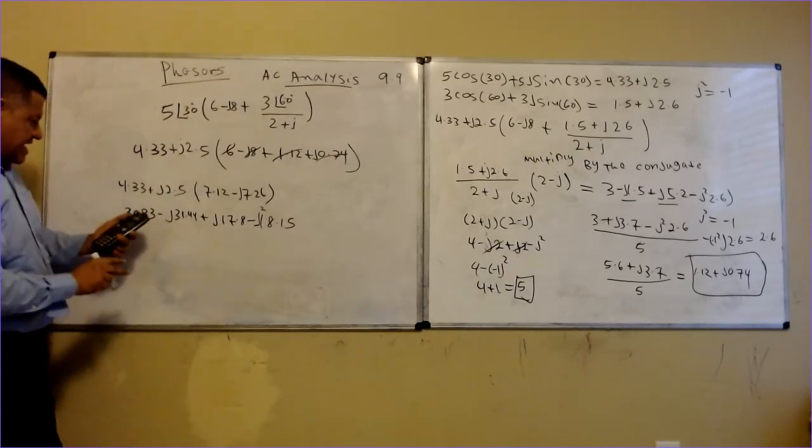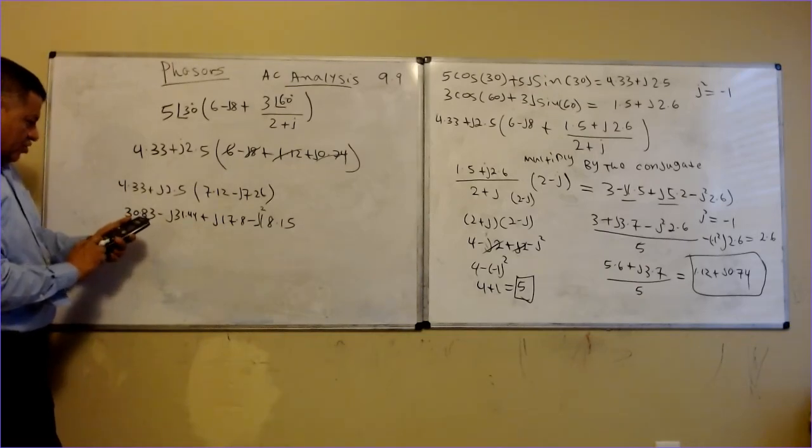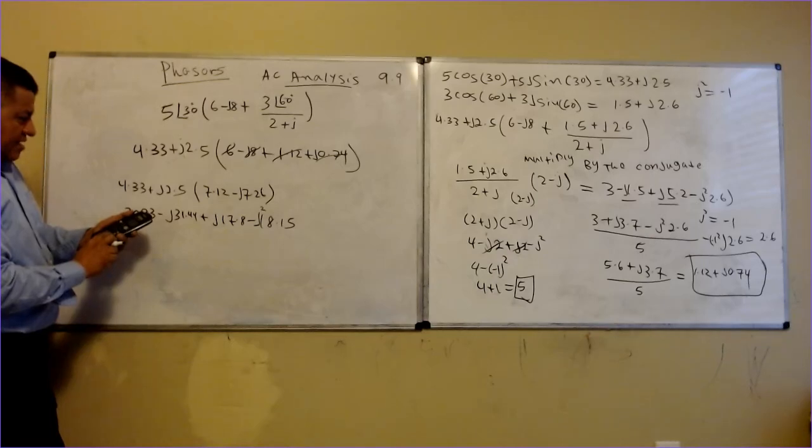So I can actually add 31.44, and that is a negative, right?